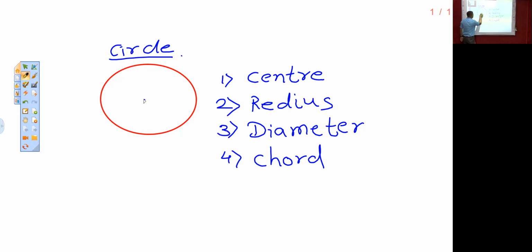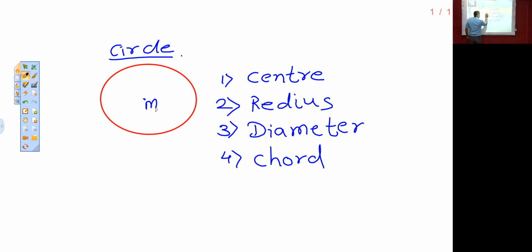First, I explain the center. This is the center of the circle. I give a name for that, M. M is the center of the circle. Now next one, radius. Radius means one point is the center of the circle and one point is on the circle. It's called a radius.